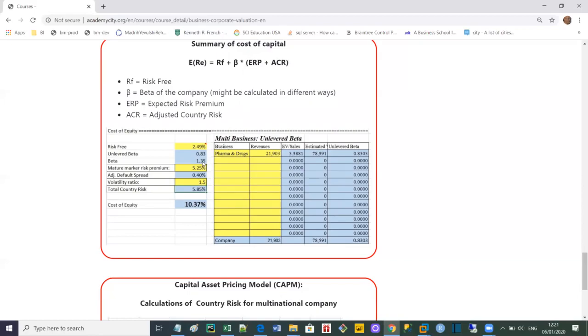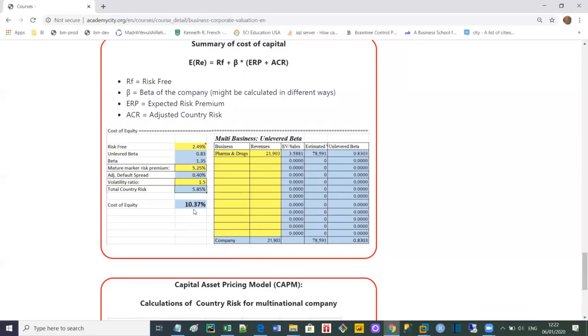I use the 1.35 as the beta, and I add the 2.49 as the risk-free rate, and I get the expected return for equity. In this case it is 10.37. It should be really straightforward and easy.